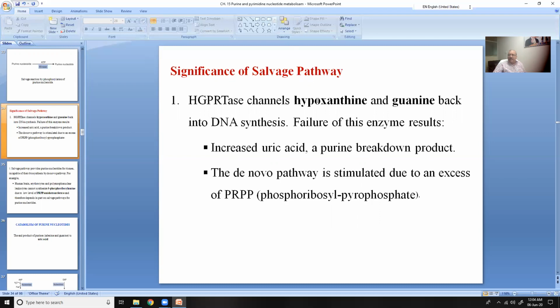Significance of salvage pathway. How it is better in comparison to de novo. HGPRT channels hypoxanthine and guanine back into DNA synthesis. They are giving us DNA directly. Failure of this enzyme, this enzyme HGPRTase, if it is not working, then uric acid, a purine breakdown product, increases.